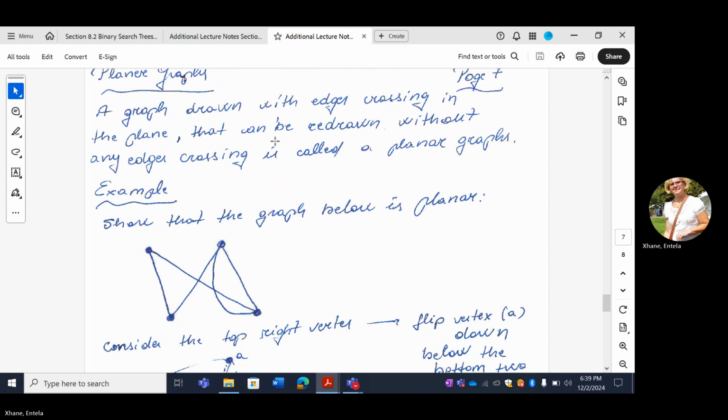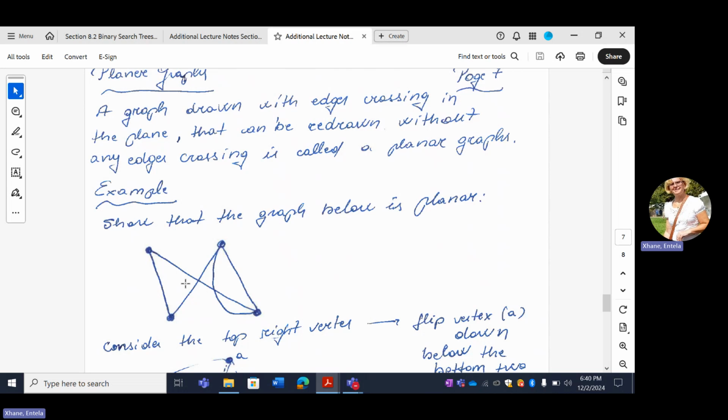Now, this is the first part of the definition. So you have a graph where two edges are crossing. Now, you are going to make an attempt to redraw this graph. When we redraw the graph, the crossing between the two edges will be eliminated. That's the idea behind it.